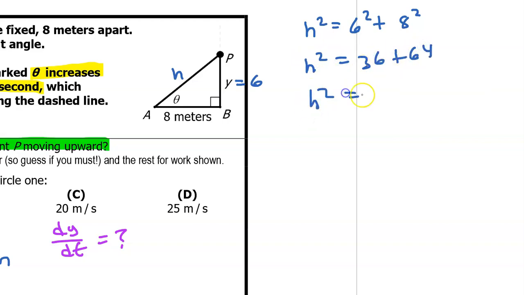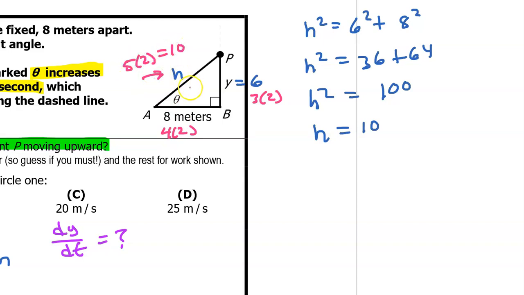H squared is equal to 100 and h is equal to 10. Or I could have used the Pythagorean triple 3, 4, 5, where 6 is 3 doubled, 8 is 4 doubled, so we knew that h would be 5 doubled. So that's another way you could get that h is 10.